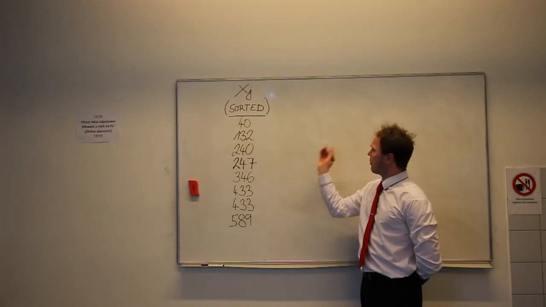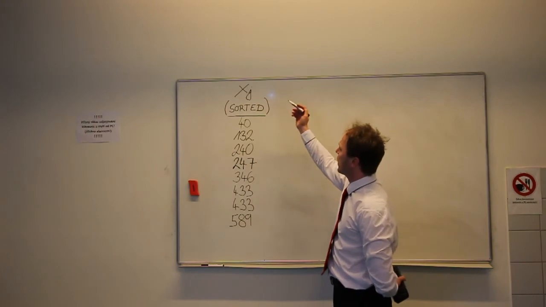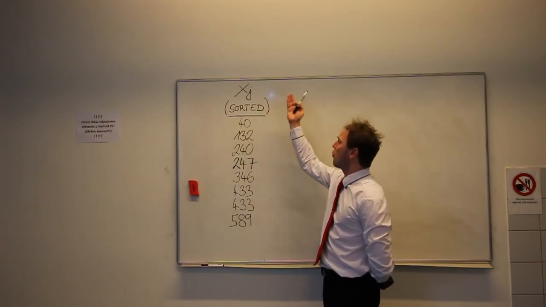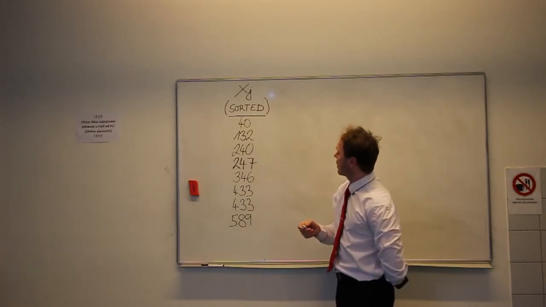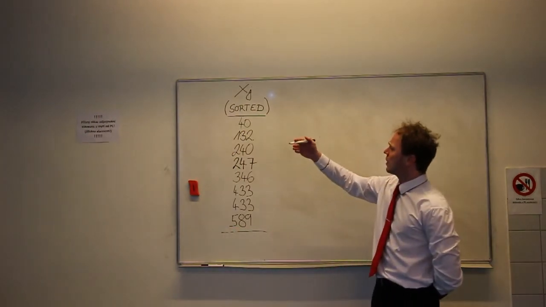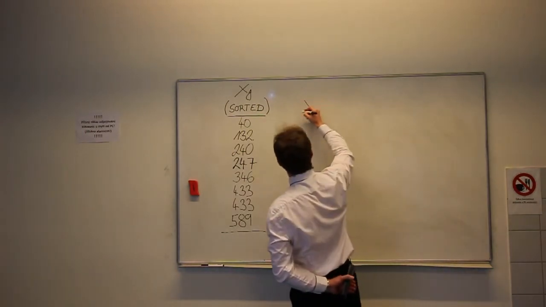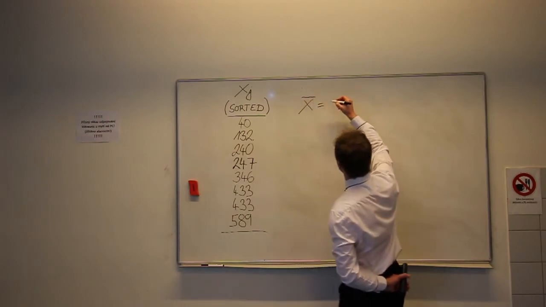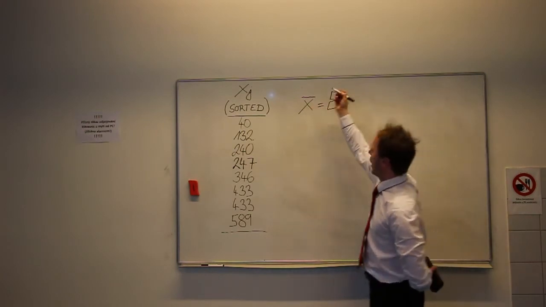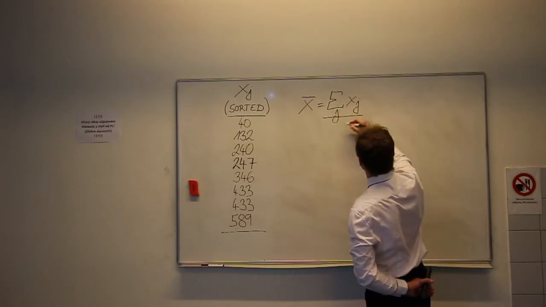Okay, I deleted everything else from the whiteboard, and I left here only the variable xj, number of cigarettes smoked per month, in sorted form, but it doesn't matter. It's possible to calculate the simple and the weighted arithmetic mean. My formula x with stripe is the summation through all j of xj divided by n.